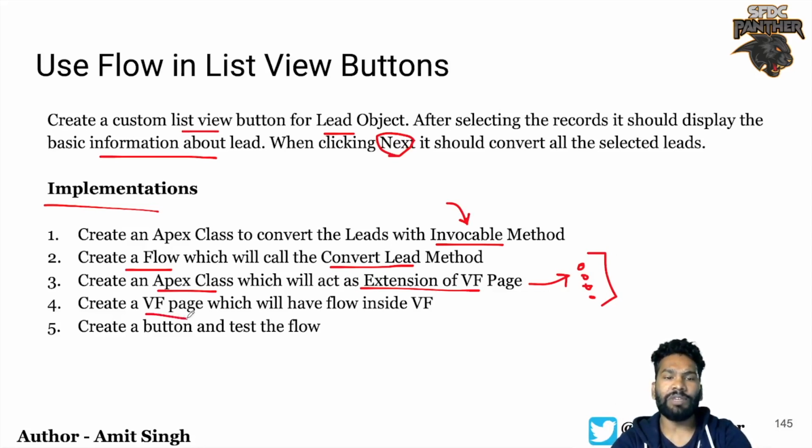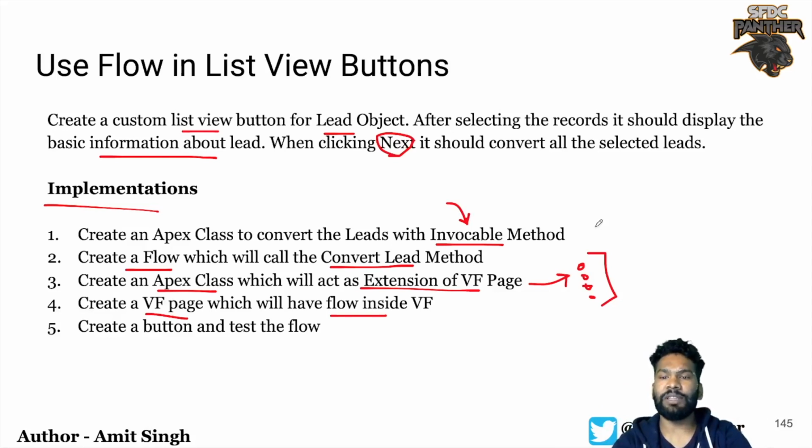Then we will have one VF page, and this VF page will contain our flow. That VF page is also going to act as the list view button. So we will create a list view button, and that list view button will have our VF page. Our VF page will have that flow, and that flow is going to convert the lead.